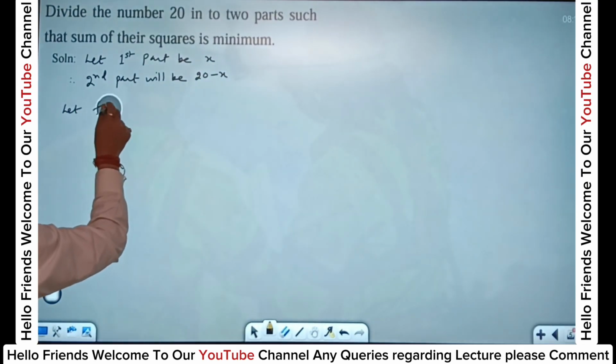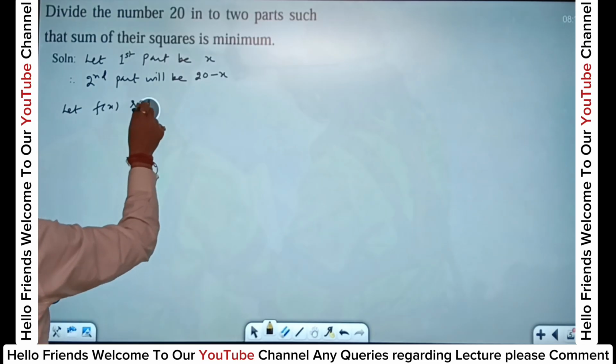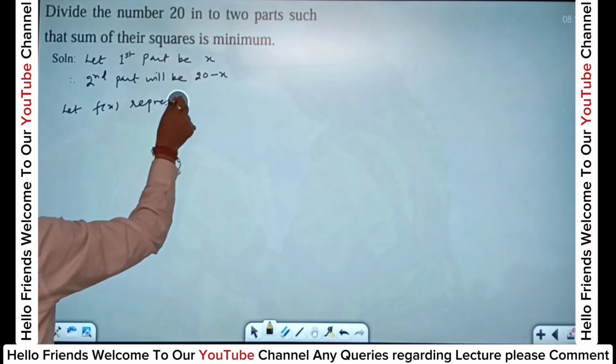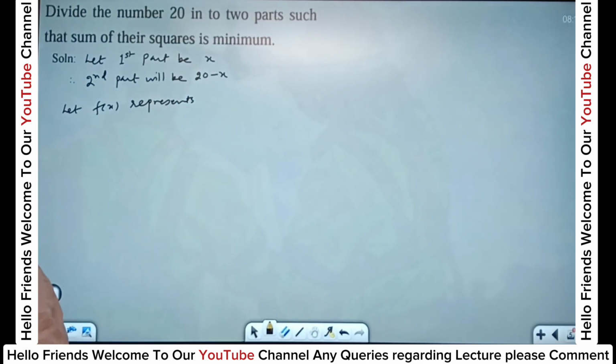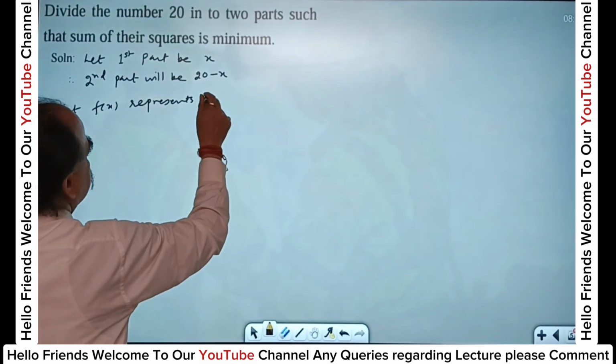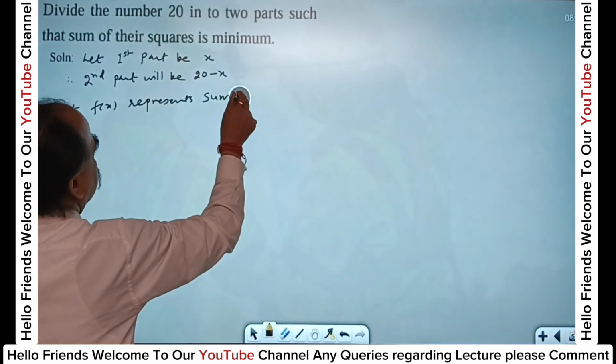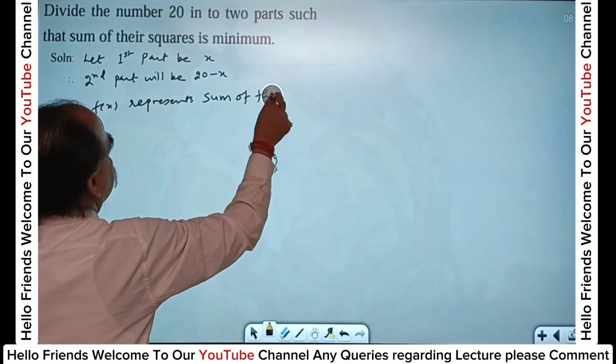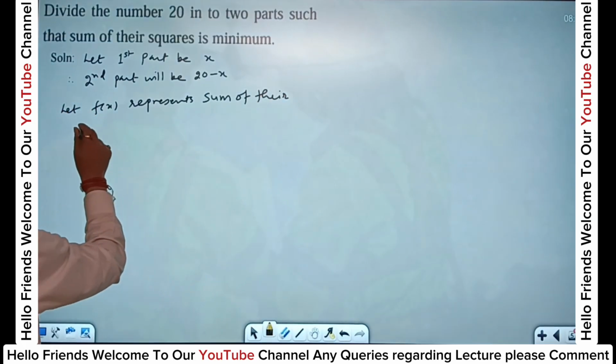Let f(x) represent जो भी मैक्सिमाइज या मिनिमाइज करना है उसको फंक्शन ले लेते हैं. So here we are minimizing sum of their squares. So let f(x) represent sum of their squares.